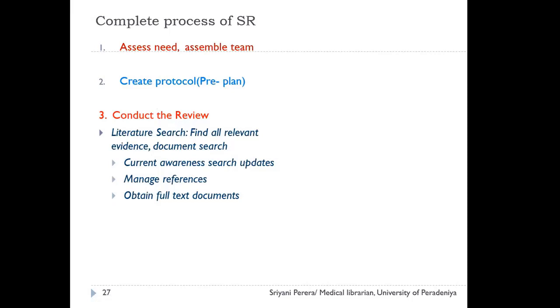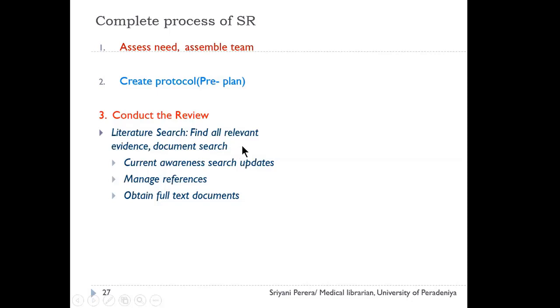So subjects are coming from the literature review. Subjects are a pool of studies. After creating the protocol, then literature search, find all relevant evidence, documents, all types of these, right?